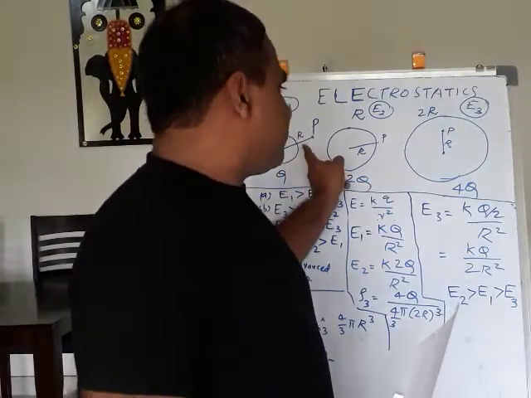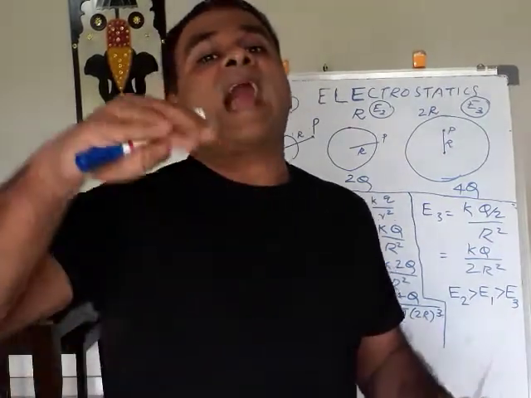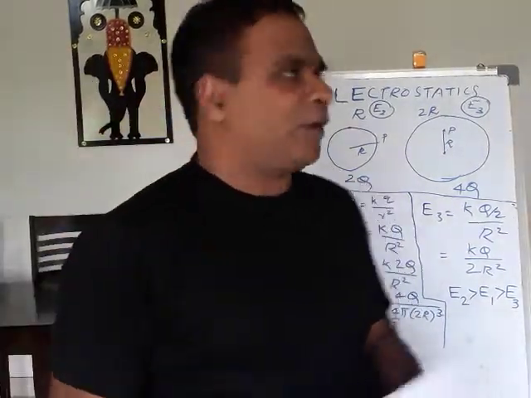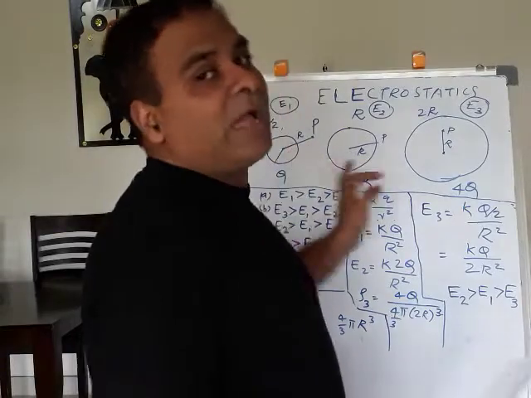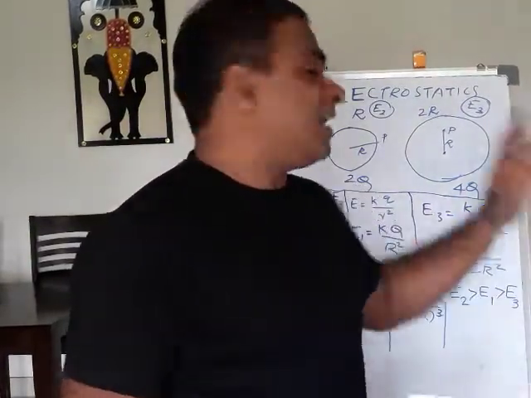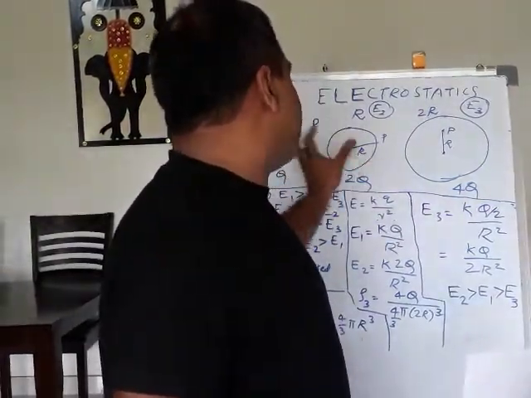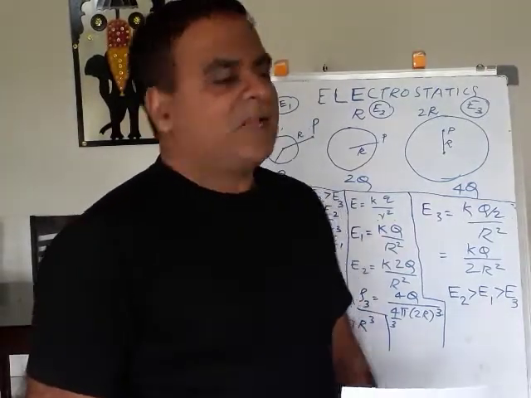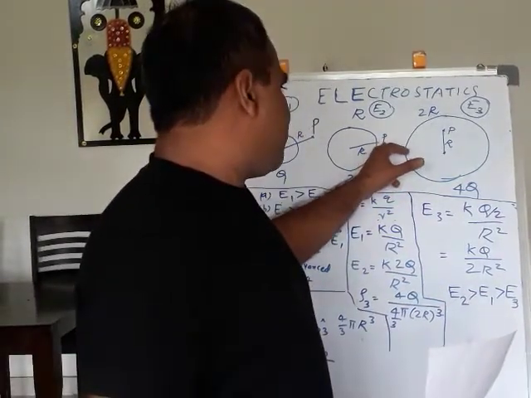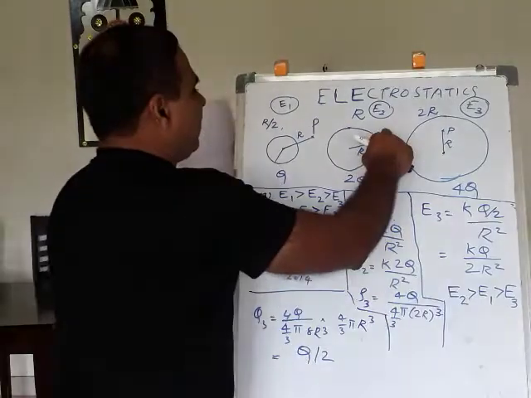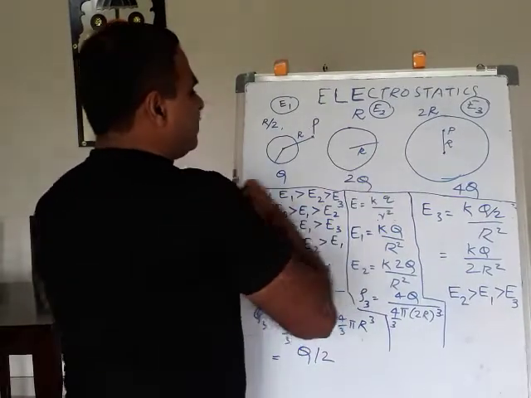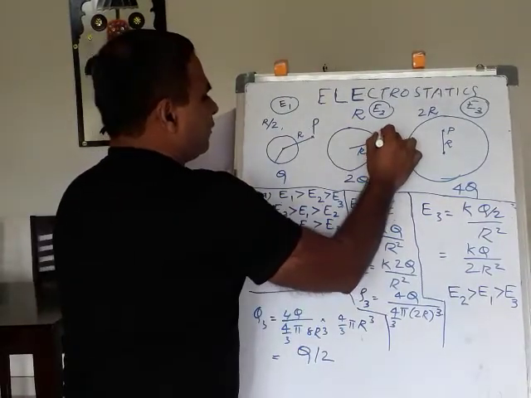For the first sphere, the point P will be outside the sphere because its radius is r by 2 and the point P is at a distance capital R from the center of the sphere. For the second sphere, this is the point P, which is on the surface.